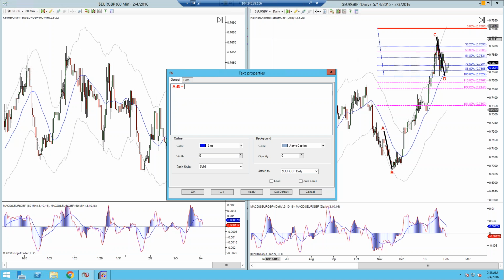equals C to D. So if we were to look at this, we would say 10 points equal 10 points. So if A was 10 points, B would be 10 points. That's how that should look.